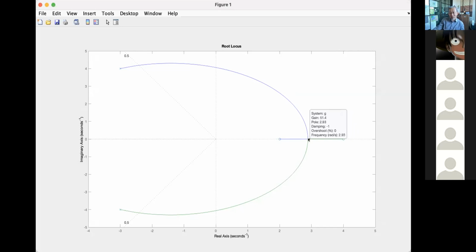Break in, dia berlaku, it happens between two zeros. Okay. Ini dia. Apa value dia? Positive 2.9. Correct? Yeah. Gain dia berapa? Catat. 51.3. Oh. Okay. Slow sikit budak ni.